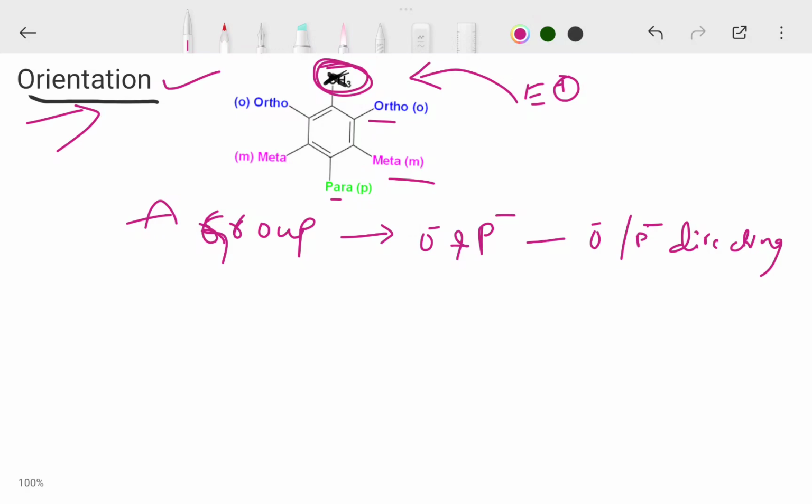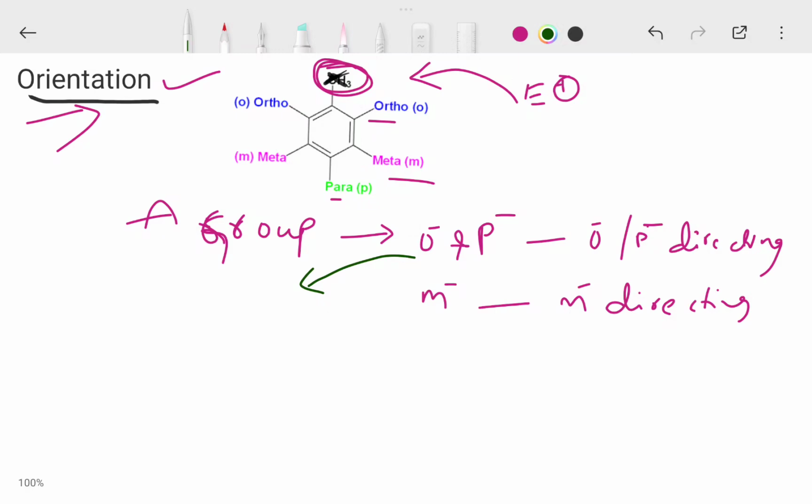Whereas a group that causes attacks to occur mainly at the meta position is called a meta directing group.